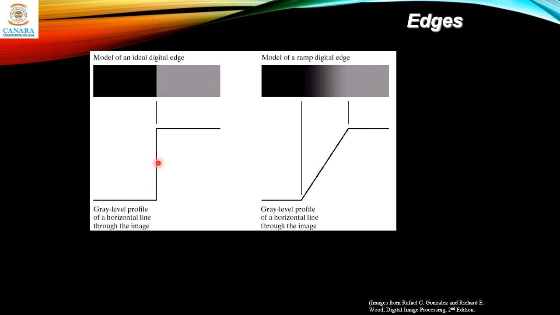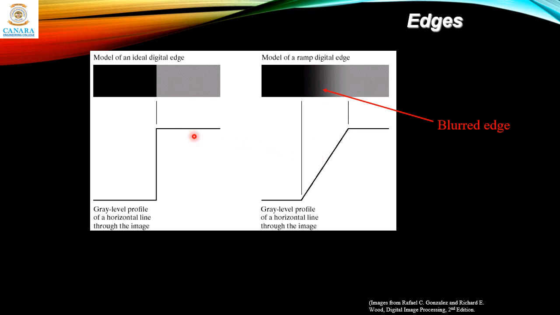Immediately. And another type of edge we can have is a ramp edge. You can see the gray level profile changes slowly from low to high. So this is a blurred edge. This is a sharper edge, and this is a blurred edge because the intensity change is slow from high to low or low to high, whichever way you take it.